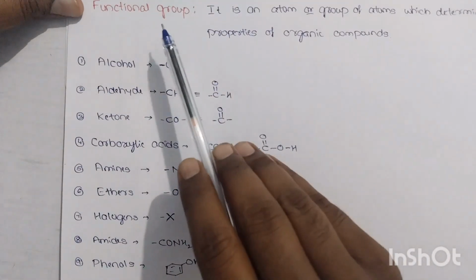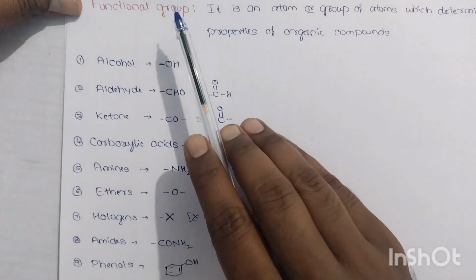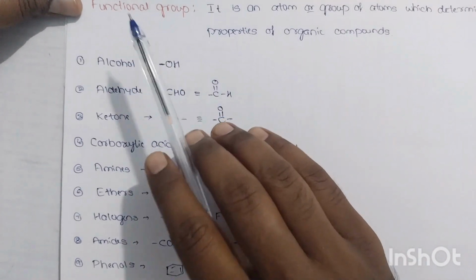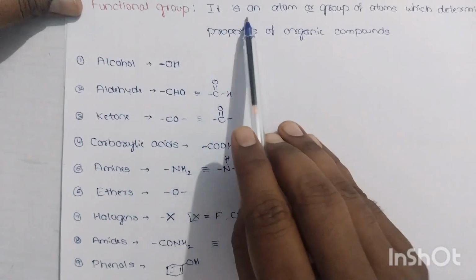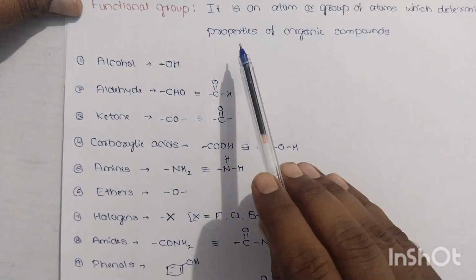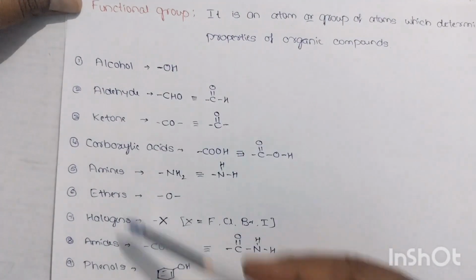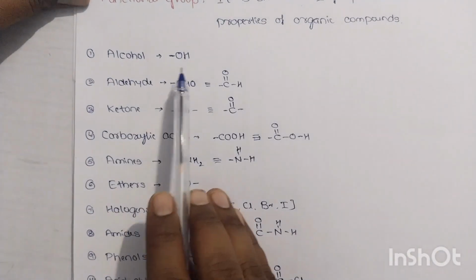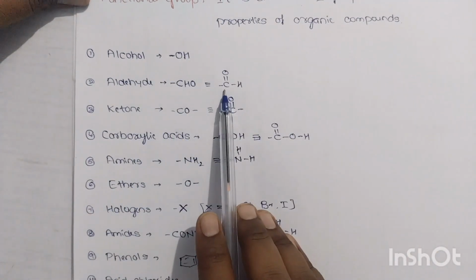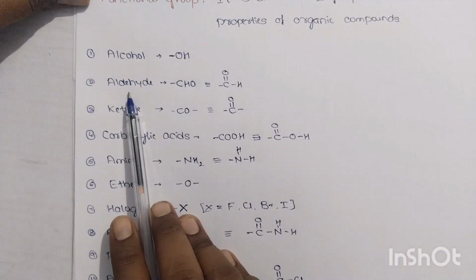Functional group: this is an atom or group of atoms which indicates the function of that compound. It is an atom or group of atoms which determines the properties of organic compounds. These are called functional groups. OH is the functional group of alcohol. CHO is the functional group of aldehyde.